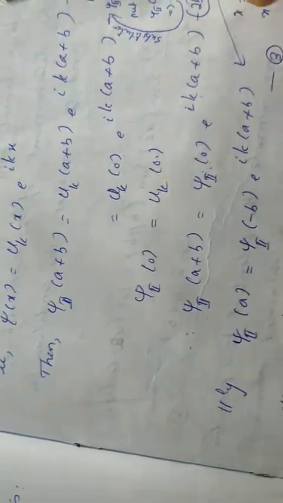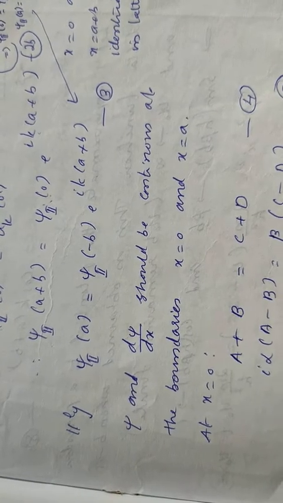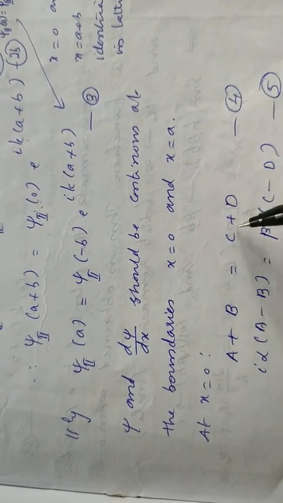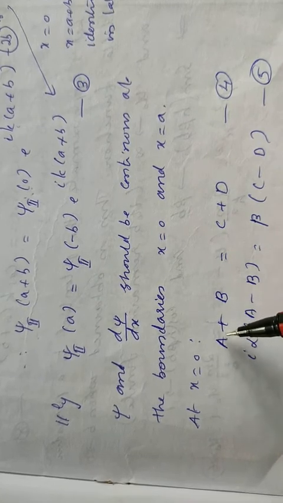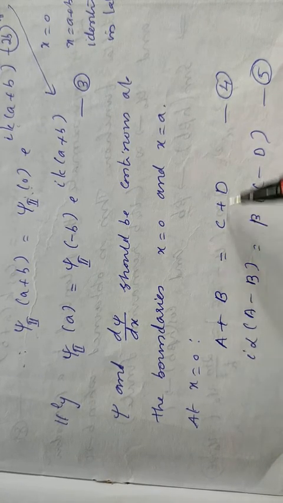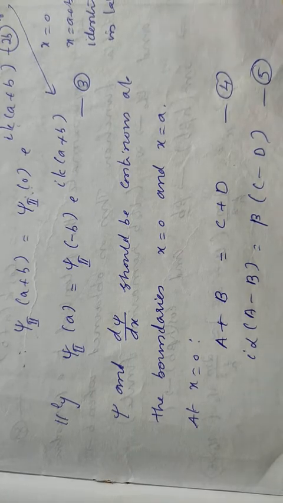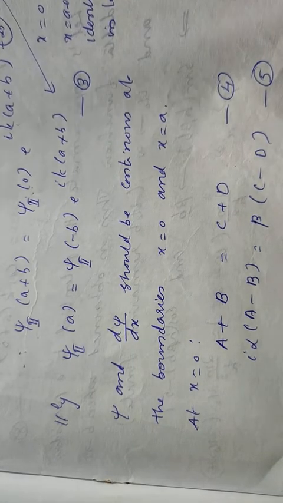These wave functions should be continuous at x is equal to 0 and x is equal to a. So at x is equal to 0, if we equate these two equations, we will get a plus b is equal to c plus d, and i alpha into a minus b is equal to beta into c minus d.